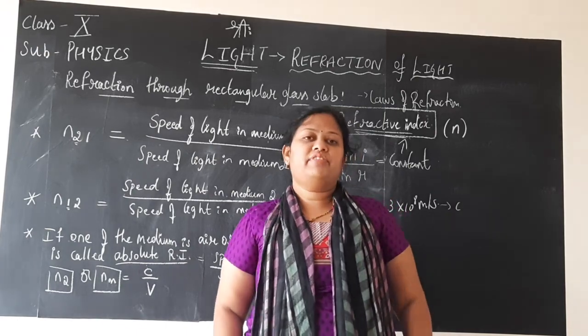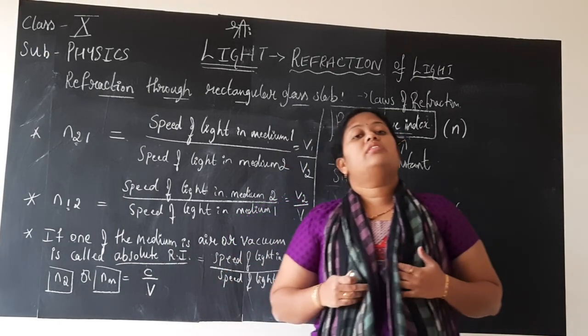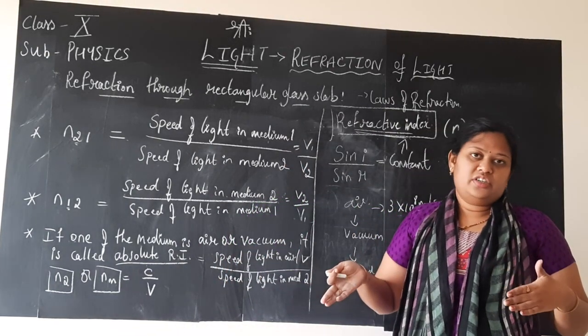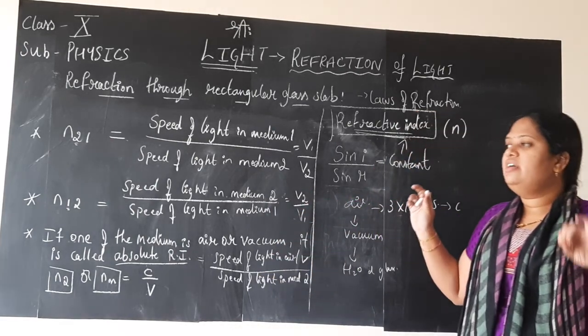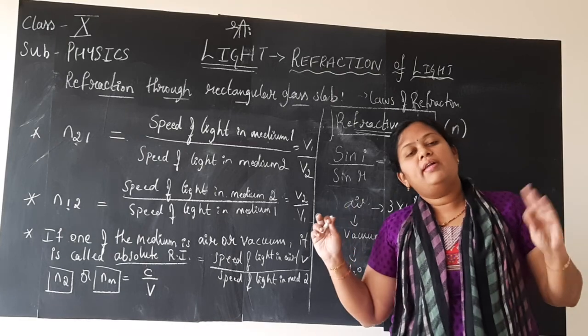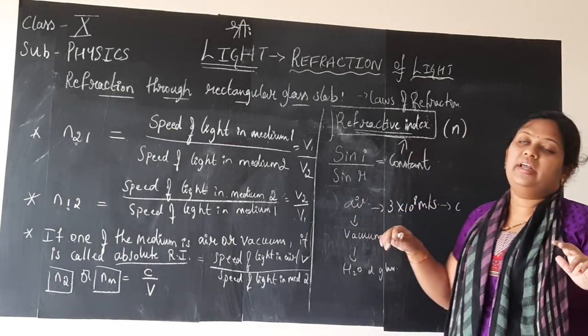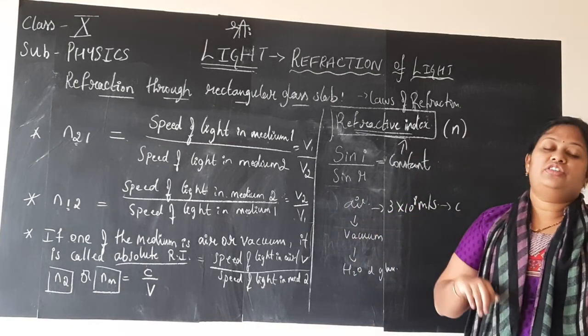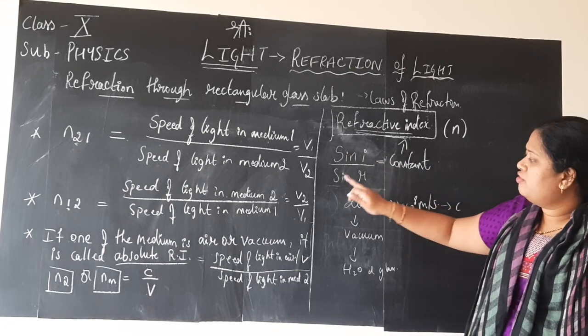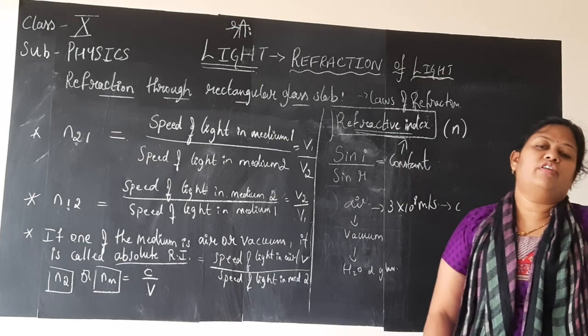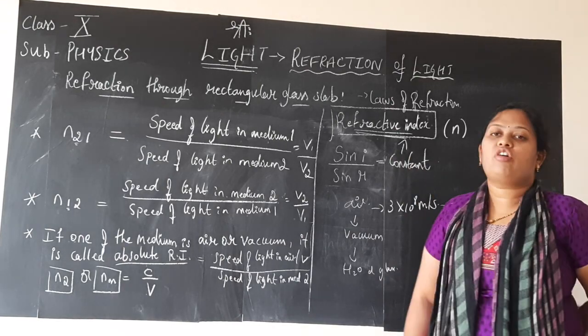This is about absolute refractive index. So, in the concept of refraction of light, children, laws of refraction of light, we understood that the incident ray, the refracted ray and the normal all lie on the same plane at the interface of the two media. Second point, earlier we studied that the ratio of sine of angle of incidence to the sine of angle of refraction is given by a constant.